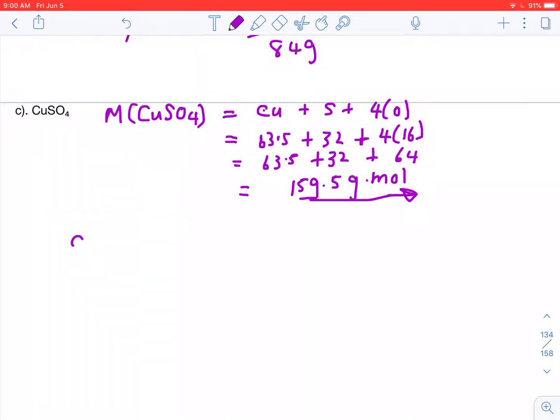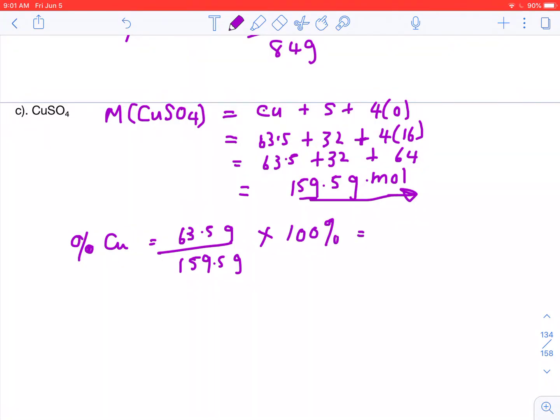So the percentage of copper is equal to, we know we got 63.5, and our total mass is 159.5 grams, times 100%, and that gives me 39.8%.